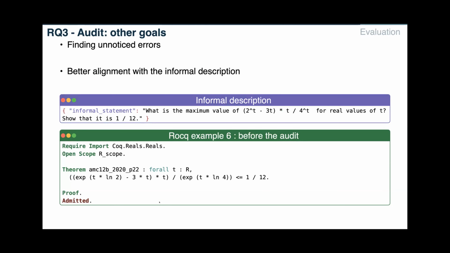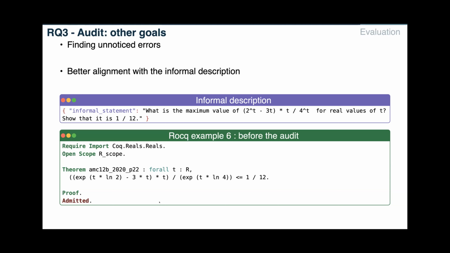This audit also helped us better align with the informal description. In this example, we want to show that the maximum value of an expression is 1 over 12. The first translation was only about proving that this expression was just less than 1/12.